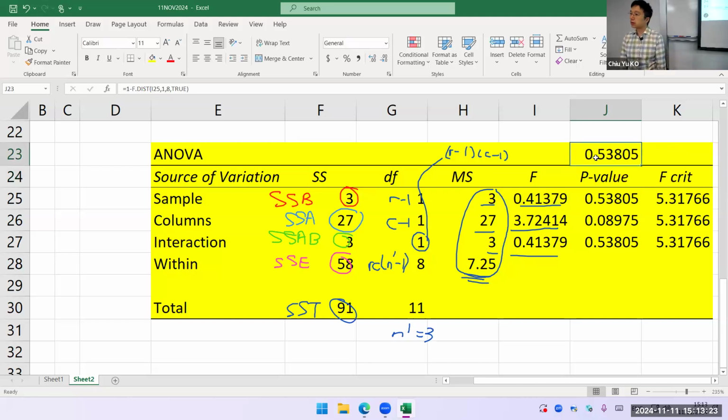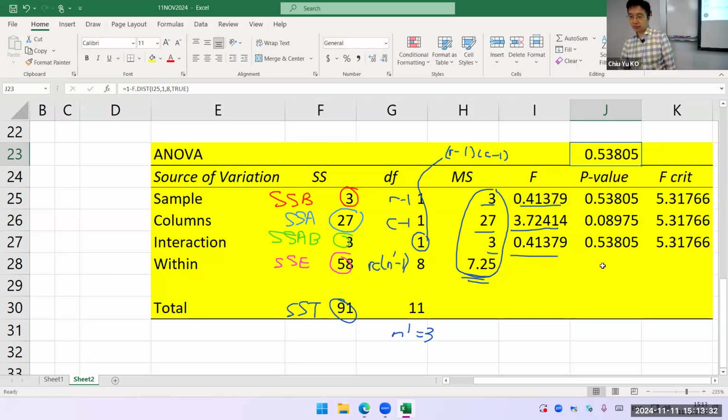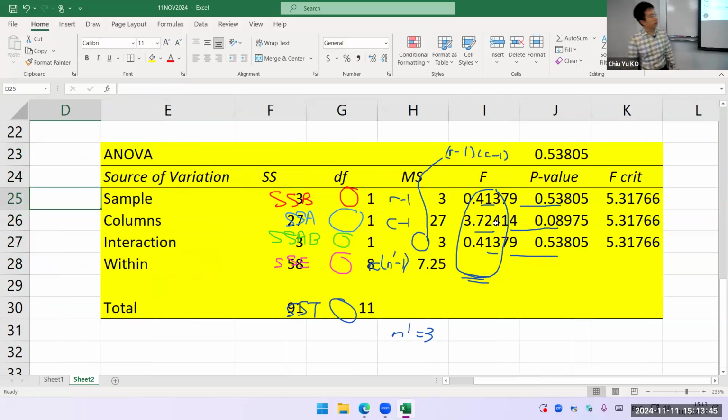Okay. So this one you can easily get, right? By simply changing this 1 to the same, okay? And that's how you get this number and the critical value the same. So the key part is you understand this particular table and you know from Excel how you derive all of them, right?